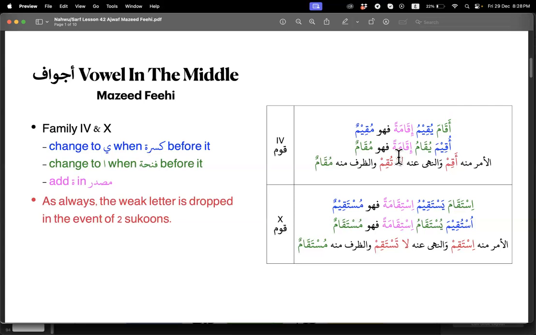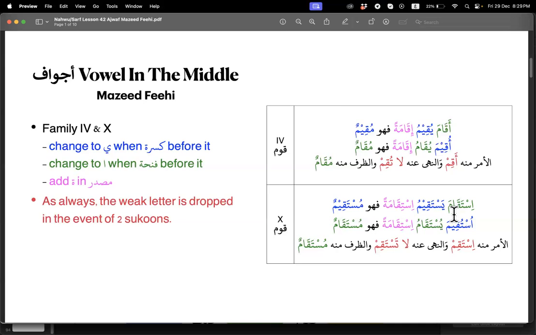Okay, so family 4 and family 10 basically have the same rules. Here, same root letters, qaf wow mim. If you make it like istaghfara, it would have been istaqawama, as just now.